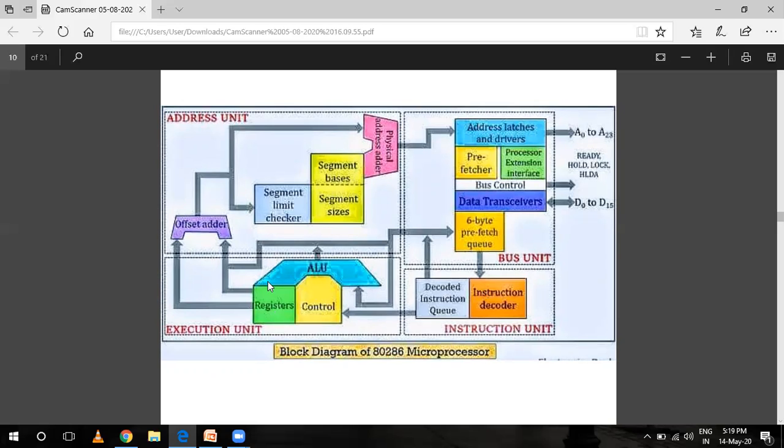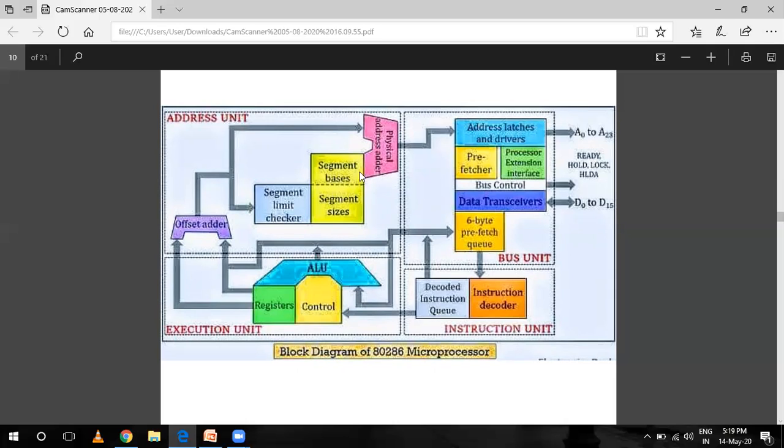So let me brief you on the working of this block diagram or this architecture. Firstly, the physical address from where the data or instruction is to be fetched is calculated by this address unit. Once the physical address is calculated, this calculated address is handed over to the bus unit.